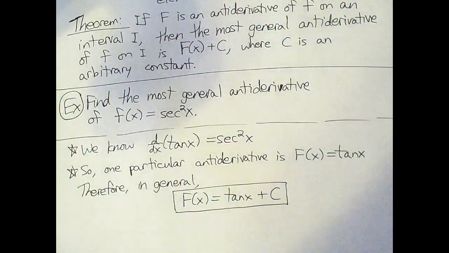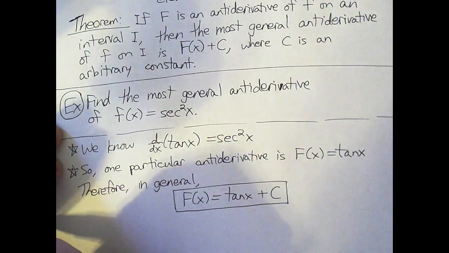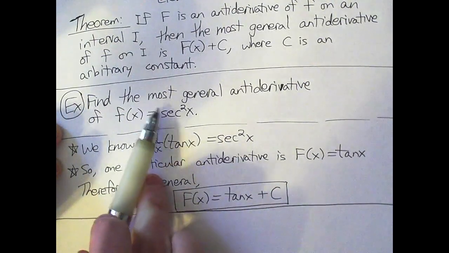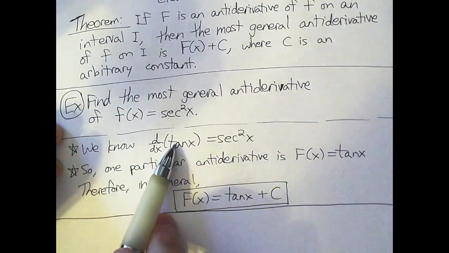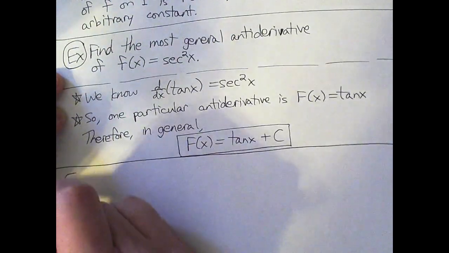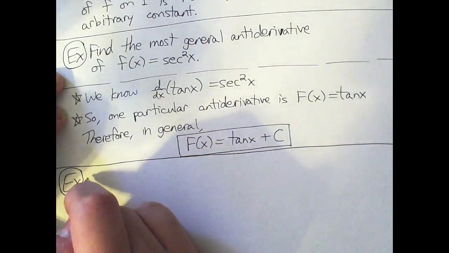Let's do some more problems. I did that problem for us by thinking about secant squared and asking, do I know a function that when I take the derivative of it, that's what I get. I'm going to ask you to do a few like this.